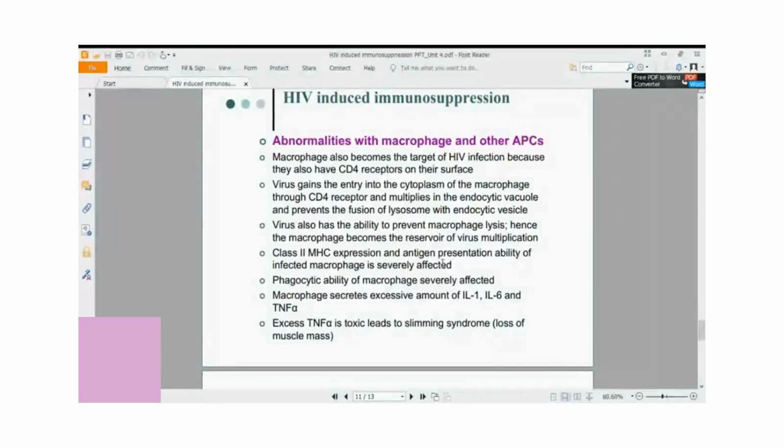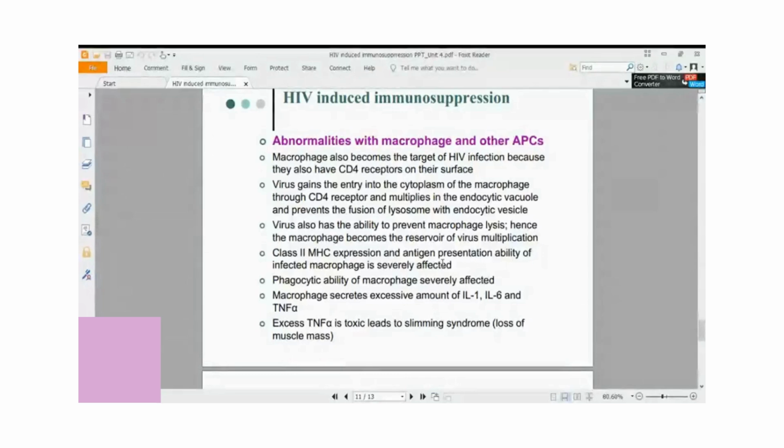The person shows a wasting disease. A wasting disease is nothing but loss of muscle mass. Finally, he is just skin and bone. Most of the skeletal muscles are now undergoing degeneration, and that degeneration is brought about by excessive secretion of IL-1, IL-6 and TNF alpha.